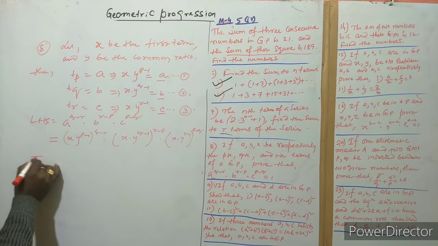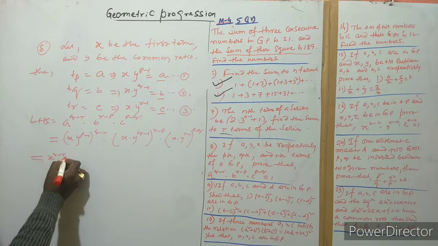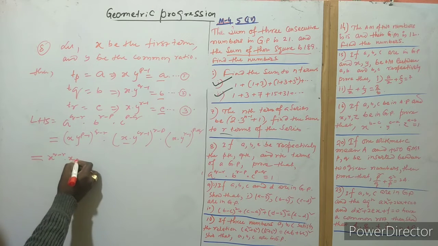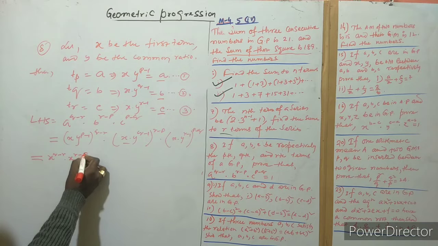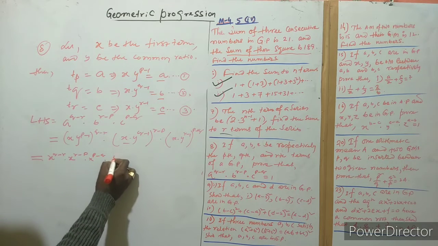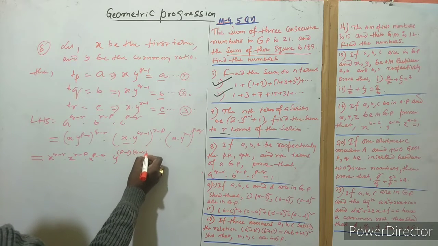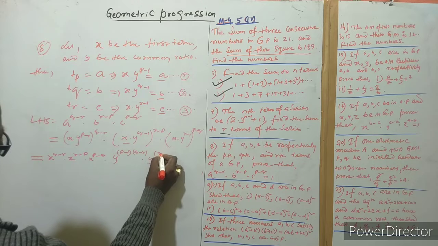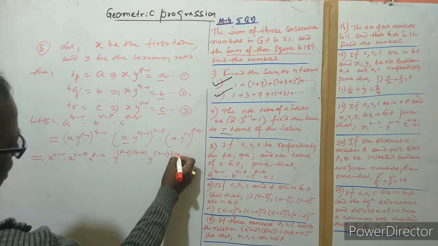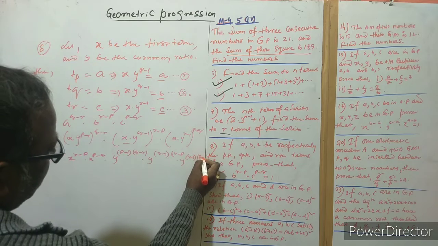So we can write here x to the power q minus r, same as x to the power r minus p, same as x to the power p minus q. Again write here y to the power p minus 1 into q minus r, again y to the power q minus 1 into r minus p, again y to the power r minus 1 into p minus q here.